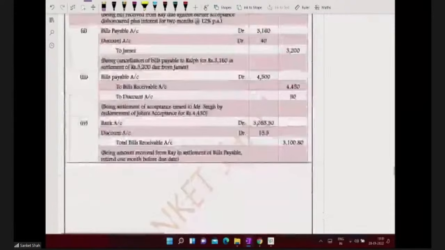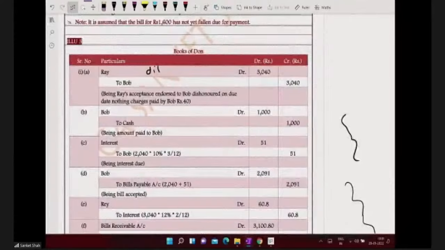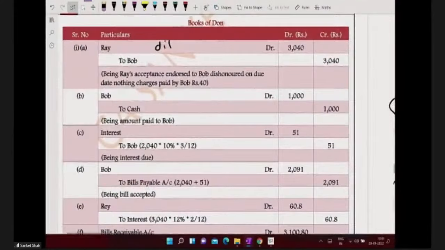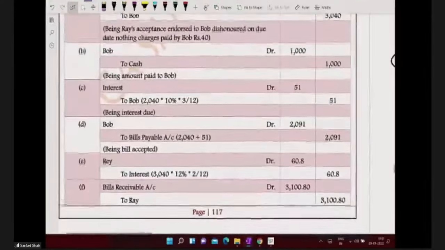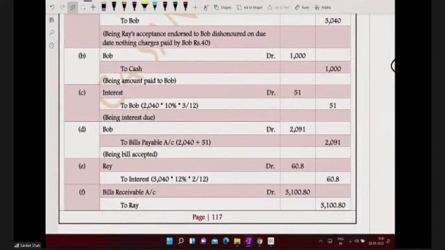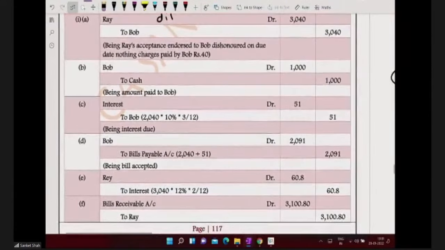Ray account debit to Bob. Then Bob, we have paid 1000. Interest is our expenditure to Bob. Then Bob account debit to bills payable, total 2091. Ray is charged interest, which is our income, and bills receivable account debit to Ray.